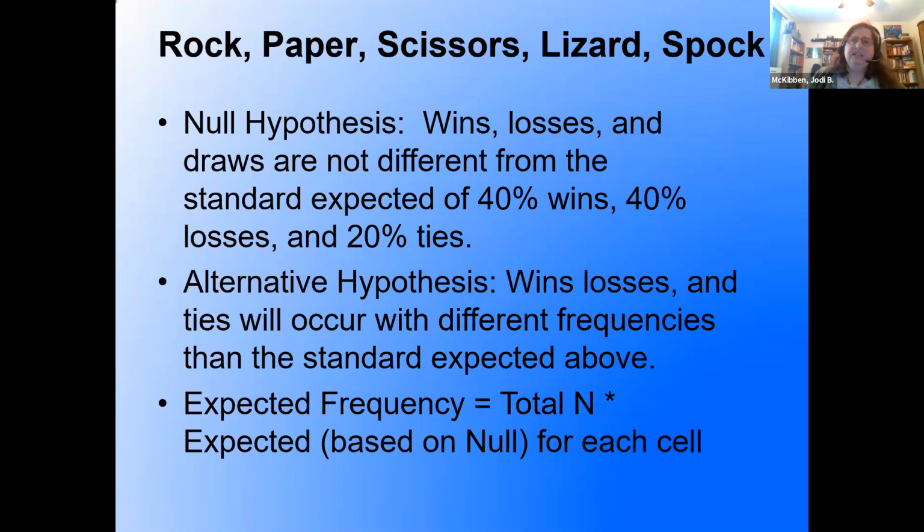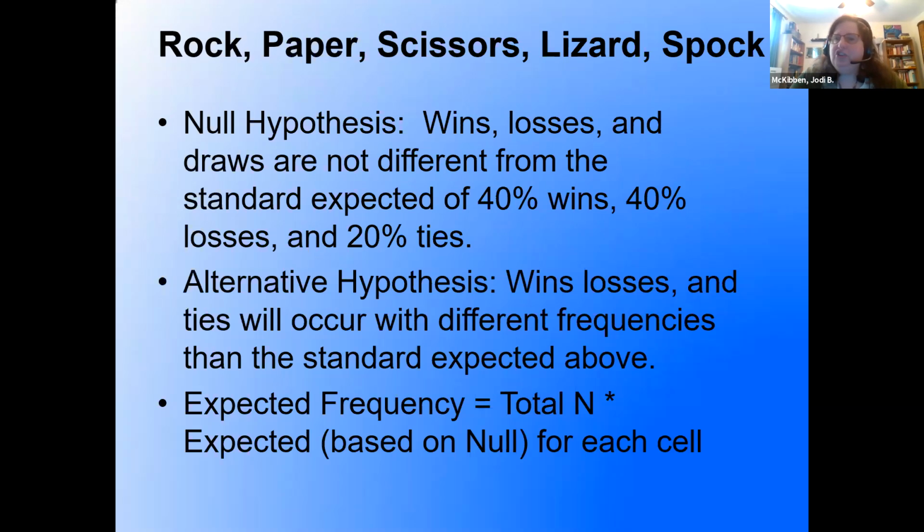Now, to get expected frequencies, what we would do is take our total N, the total number of games that are going to be played of rock, paper, scissors, lizard, Spock, and multiply by those percentages, the expected based on the null for each cell. So that's the next piece I want to walk through with you guys.